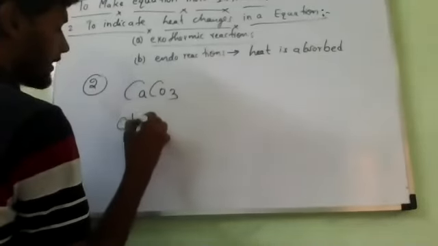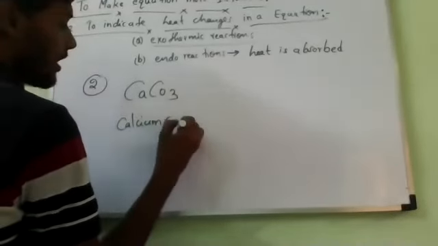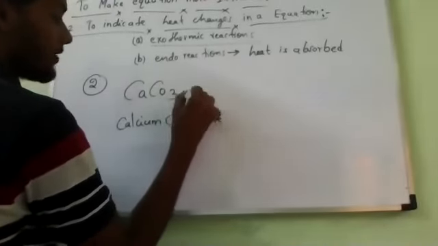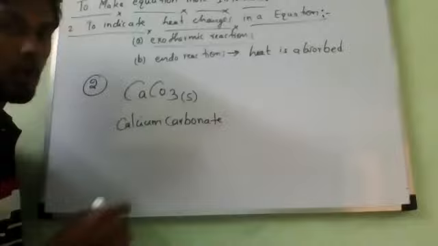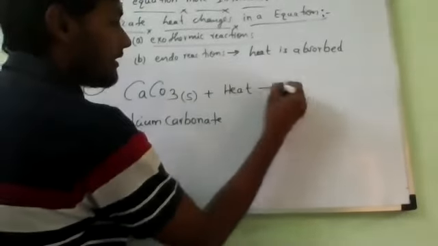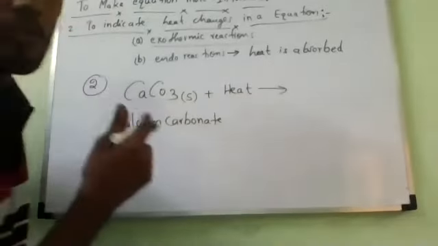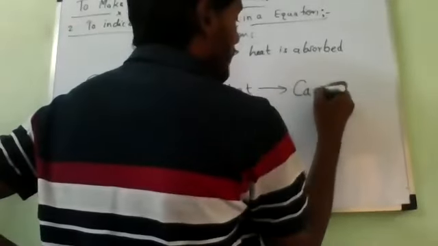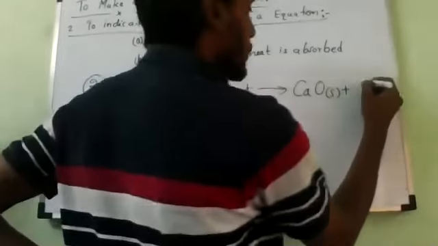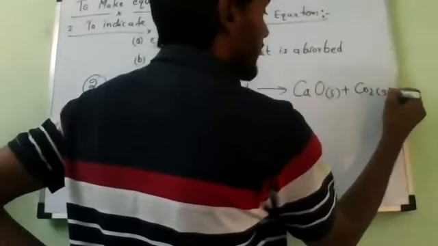You have to learn formulas. Calcium carbonate is present in solid state. If you start heating, it forms calcium oxide, CaO, solid state, plus it produces carbon dioxide gas.